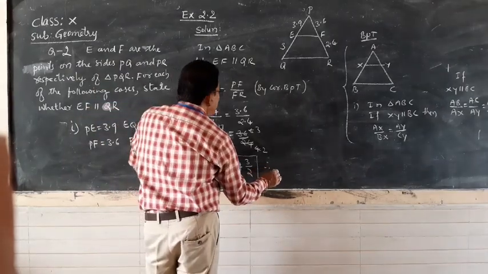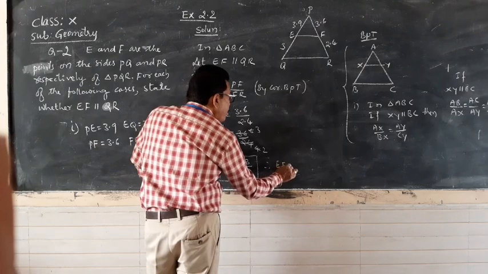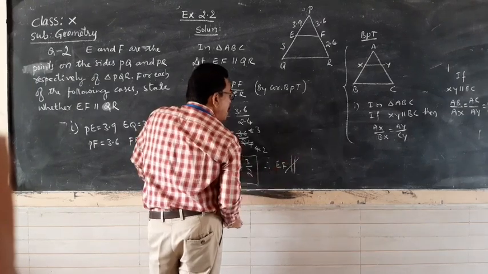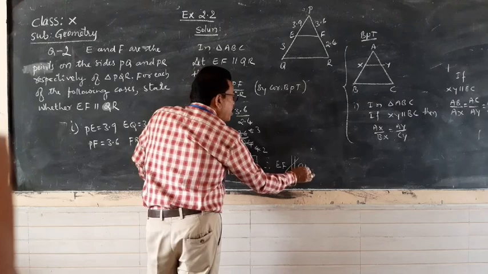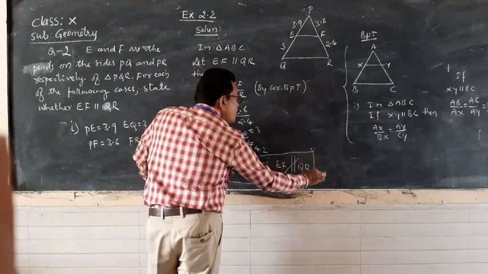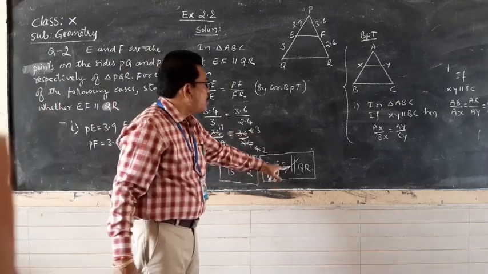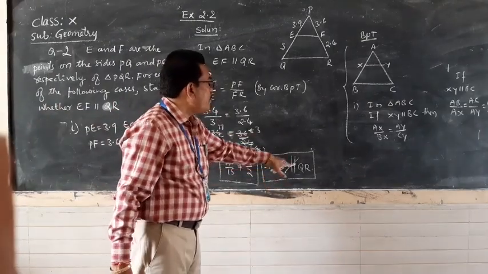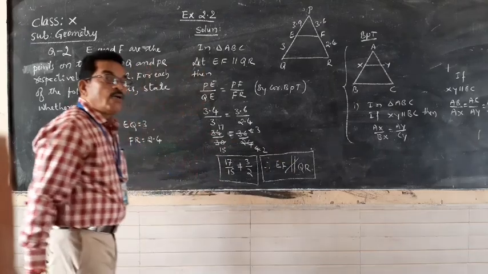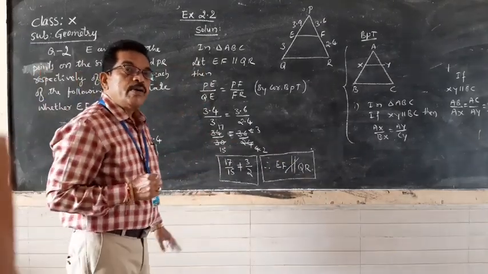Therefore, EF is not parallel to QR. This is the parallel symbol, and this is not parallel. So EF is not parallel to QR. Why is EF not parallel to QR?